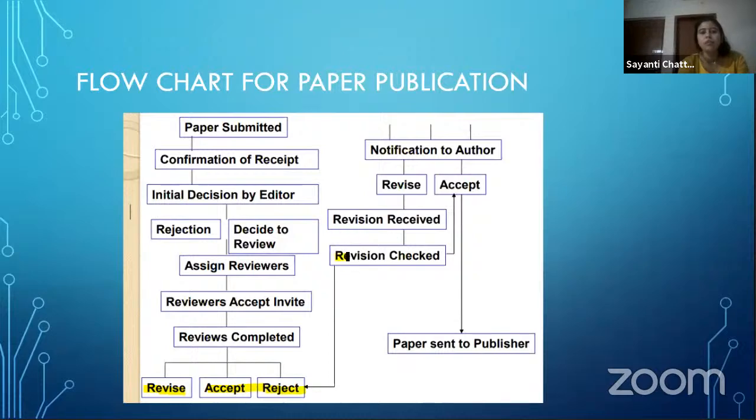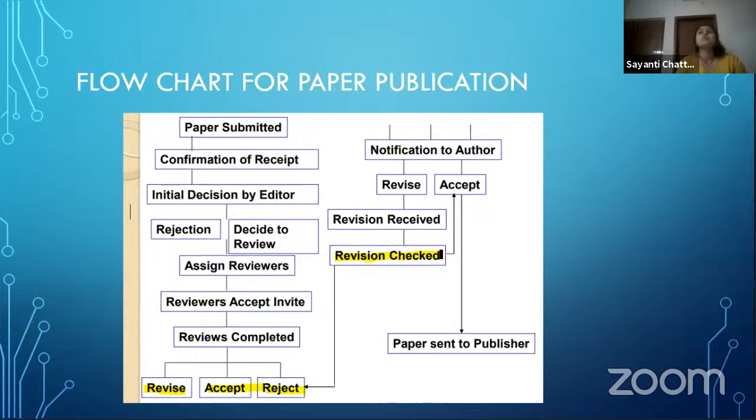After that we compile whatever revision they told. You should at least try to answer 90% of the questions. If the reviewer asks something and you do not agree with him, just tell him politely that this is my thinking and I used this methodology for this.